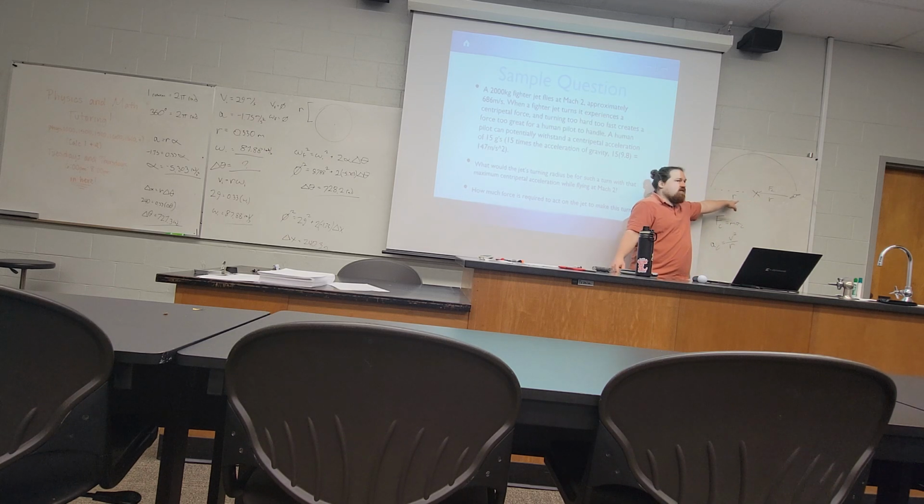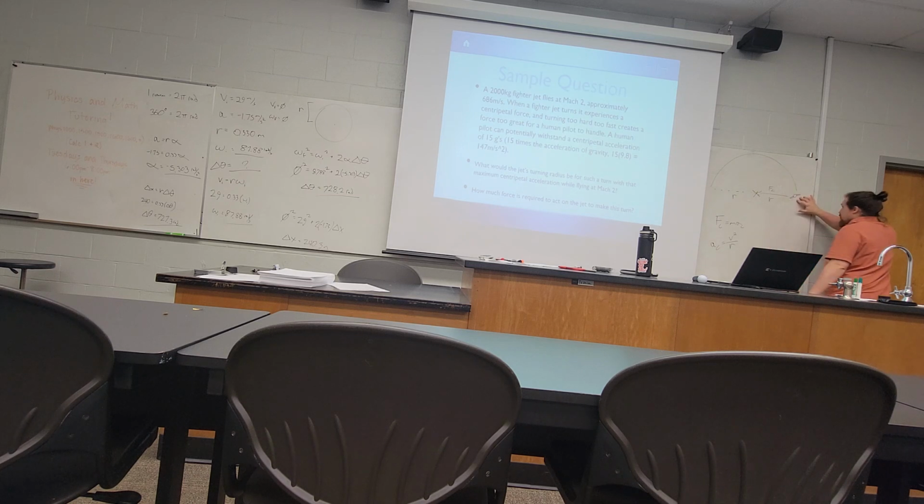And the radius of this giant circle is referred to as the turning radius, which is also true for cars, if you've dealt with turning radius in any context before. So, very fast plane, turning, there's going to be a lot of centripetal force causing it to turn over a very large turning radius.